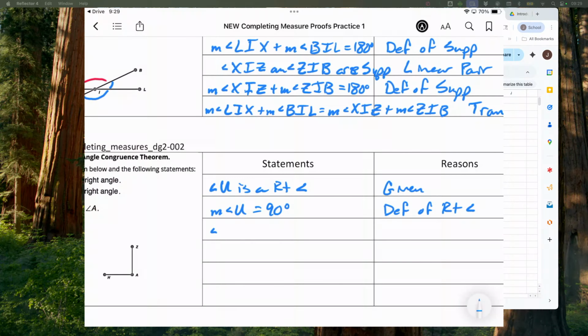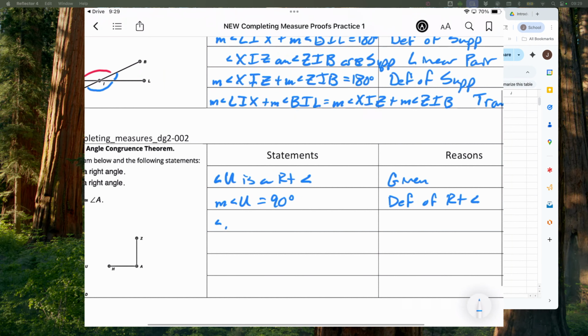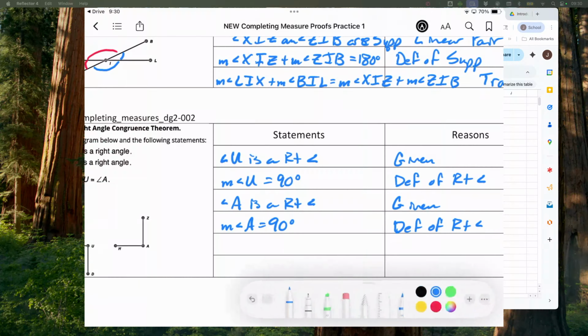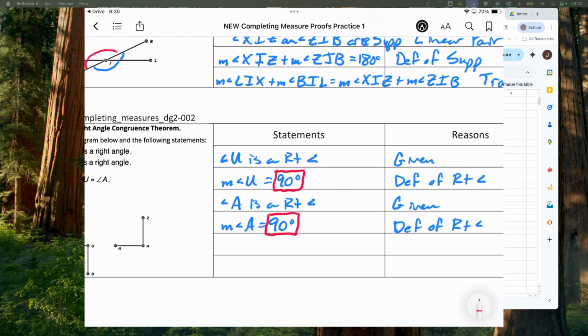We are also given that angle A is a right angle. That was given. The measure of angle A is equal to 90 degrees. That's the definition of right angle. So now, since U is equal to 90 degrees and A is equal to 90 degrees, they must be equal to each other.